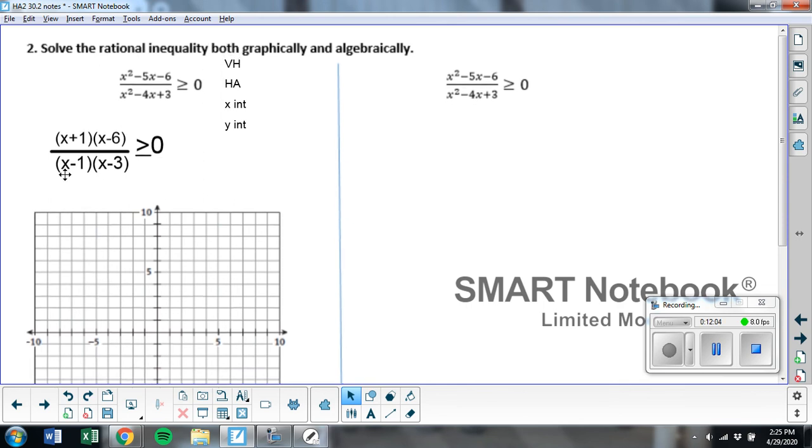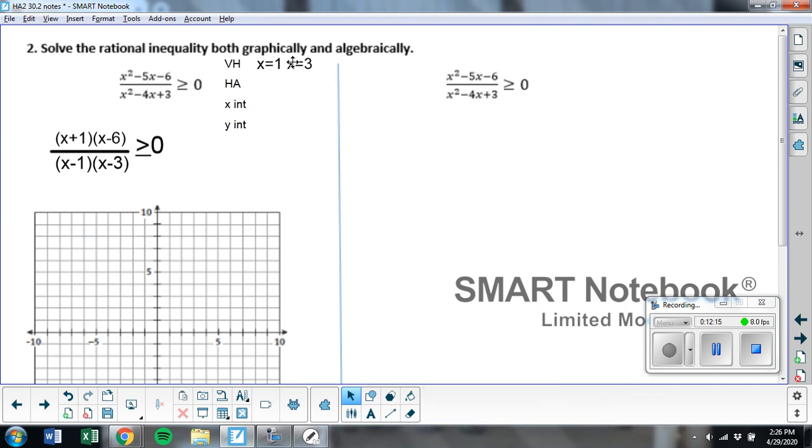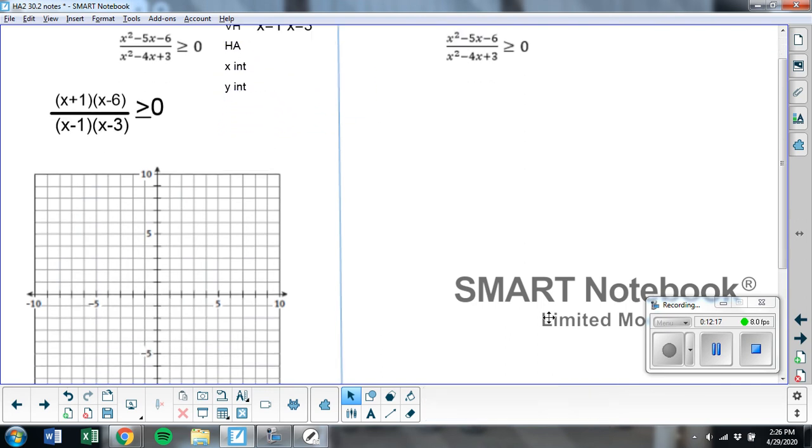If I go ahead and look here, x can't be 1, and x can't be 3, so there will be vertical asymptotes at 1 and 3. Let's go ahead and plot that.